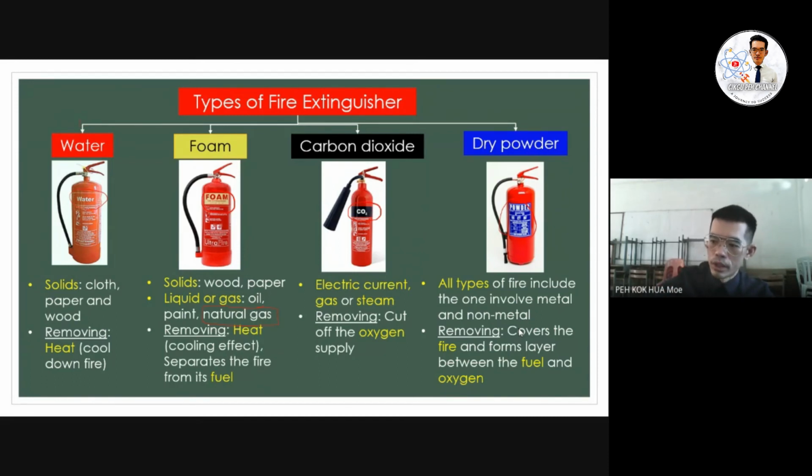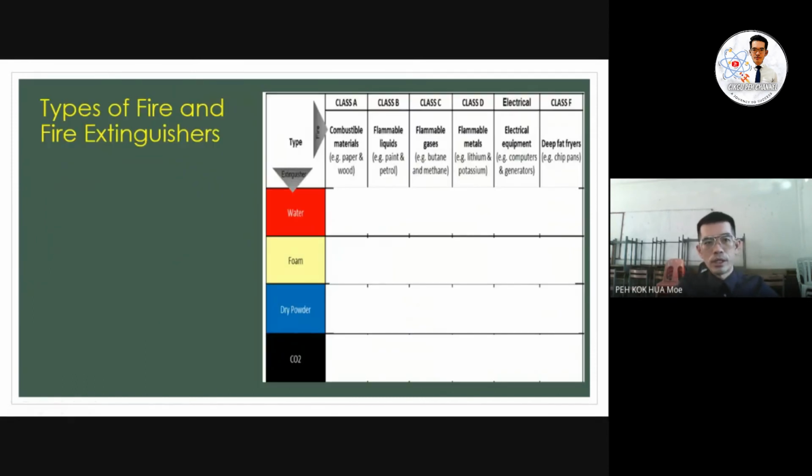Okay, so the next, here we want to discuss the types of fire and the fire extinguishers. We already know we have 4 types of fire extinguisher, which are water, foam, dry powder, and carbon dioxide. How about the types of fire?